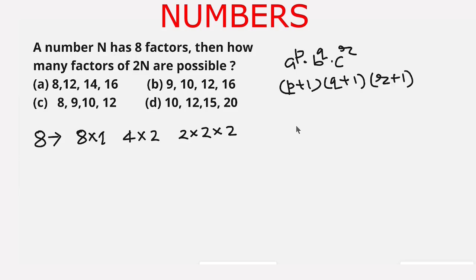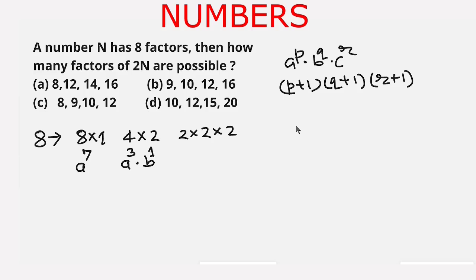If 8 equals 8 multiplied by 1, then the only possible value is a to the power 7. Then 7 plus 1 will be 8. Or a to the power 3 into b to the power 1. Then 3 plus 1 is 4 and 1 plus 1 is 2, and 4 times 2 is 8.